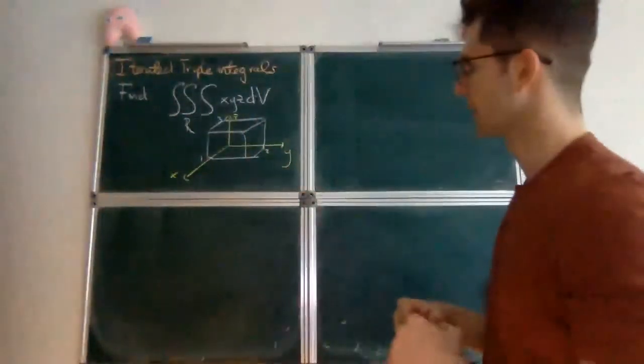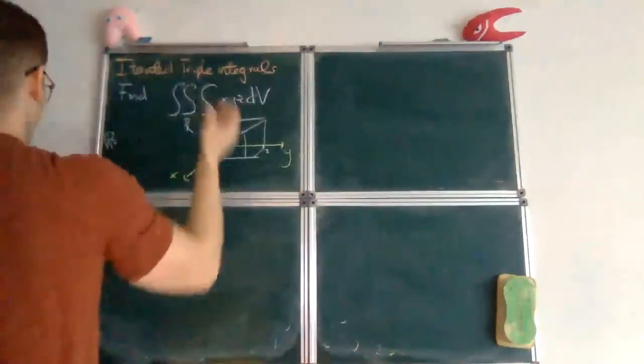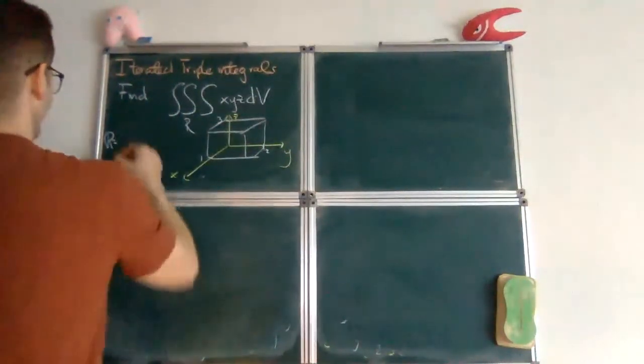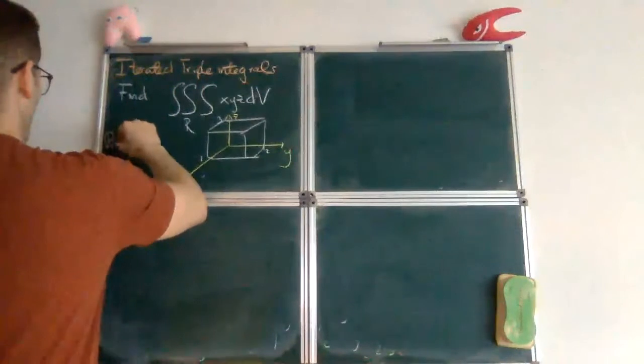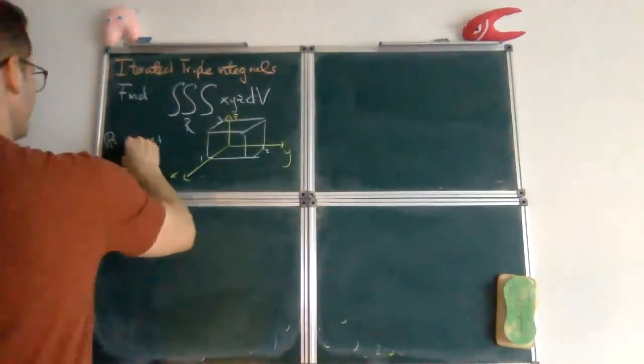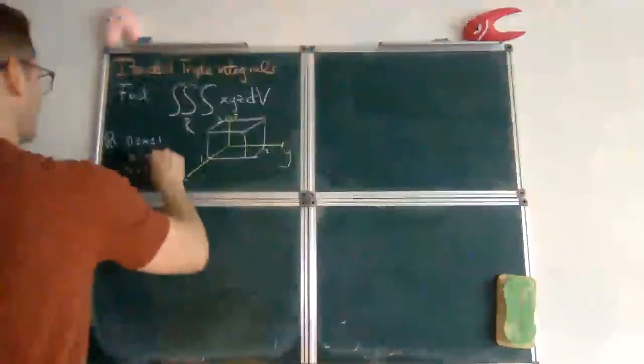Okay? So R is a cube. Well, not really a cube because the 3 sides would have to be the same, it's like a parallelepiped. So it's x between 0 and 1, y between 0 and 2, and z between 0 and 3.